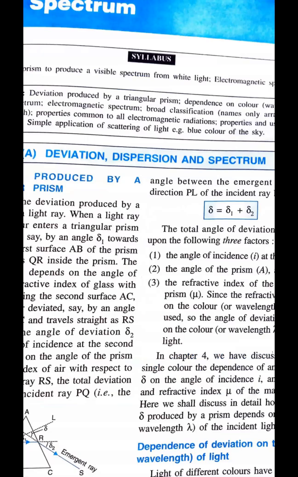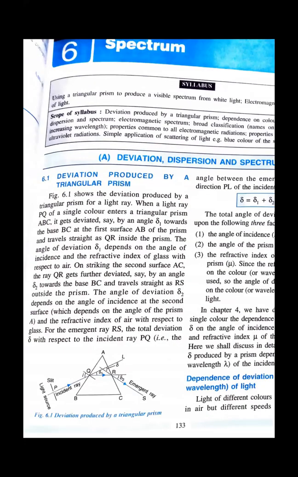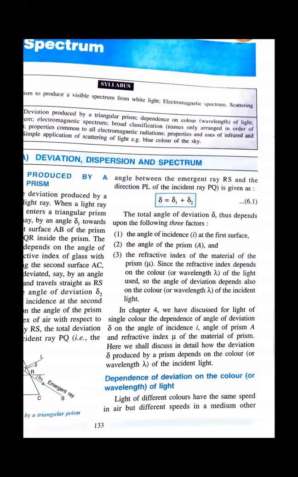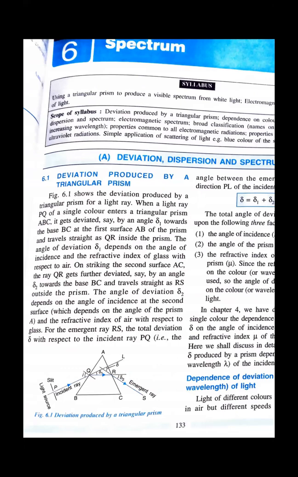Okay, let's see the syllabus. You have using a triangular prism, produce a visible spectrum from white light, electromagnetic spectrum, scattering experiment, etc. Scattering of light, etc. So, have you seen scattering of light? Oh, summers में या in general during the daytime when the window is open and you see all the dust particles flowing here and there and the light which is scattering, that is scattering of light.